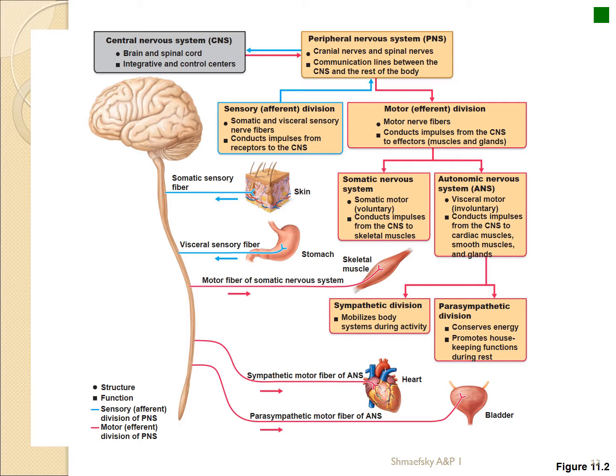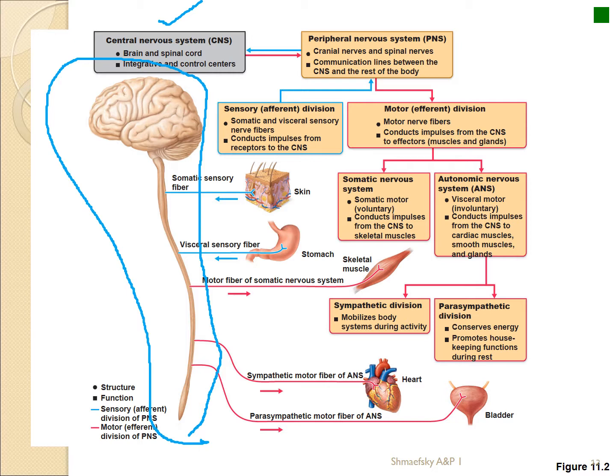And so we see the central nervous system. Here we go with it pulled apart and teased apart. And we can see coming out of there are what we call somatic sensory fibers, and this one is going to the skin. That means that signals from the skin are going in directly into the spinal column. And here we see sensory information, visceral information is going directly into the spinal column.